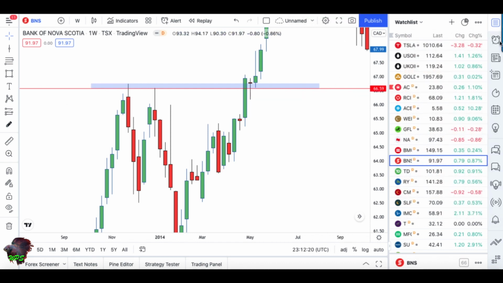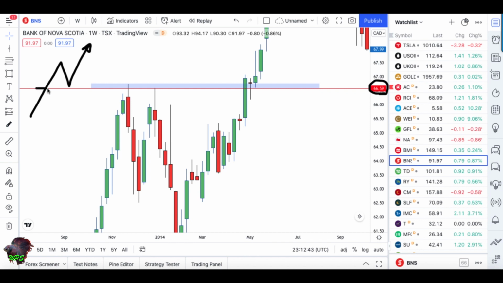So this was a clear example of the candle breaking out of the area that we have marked, 66.59, okay? With the pullback and the signal that I always show you on the charts when I'm doing the market recap, okay? So this is how the market actually works.